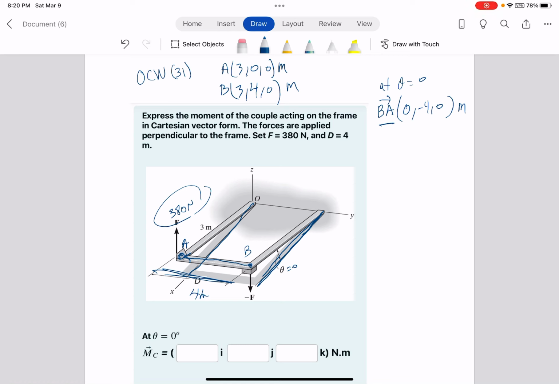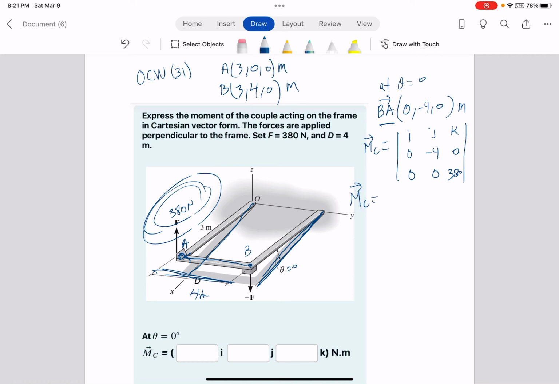That is the position vector we need. So for theta equal to 0, the moment of the couple, let's form the determinant ijk. I'll put 0, minus 4, 0, and this force, which goes in the positive z: 0, 0, 380.